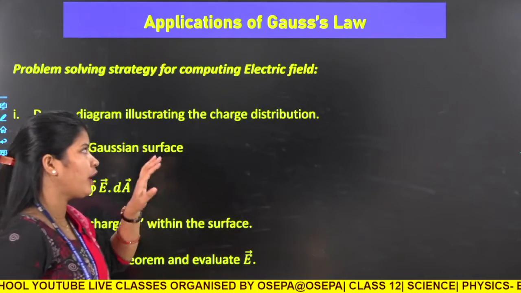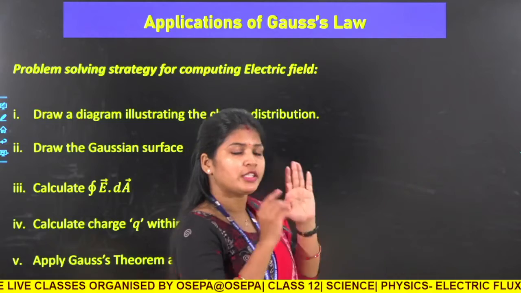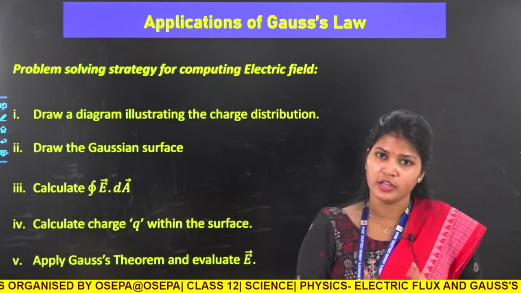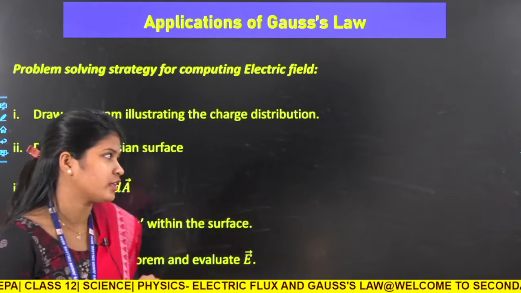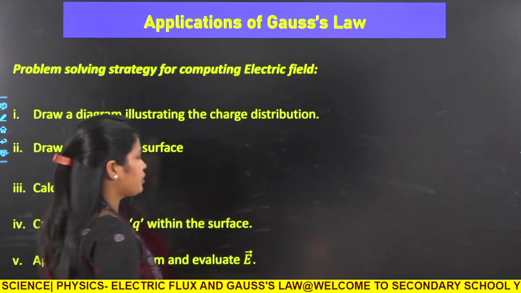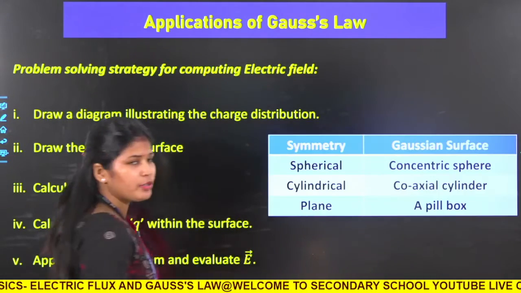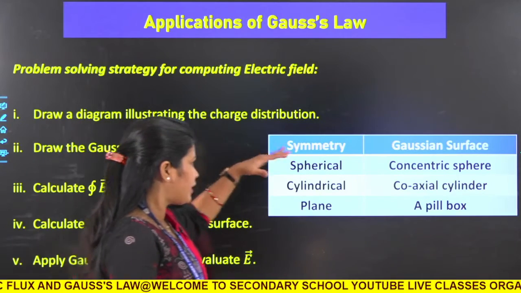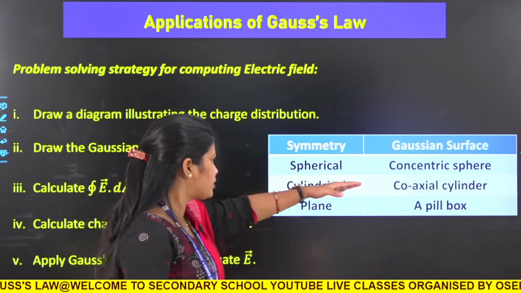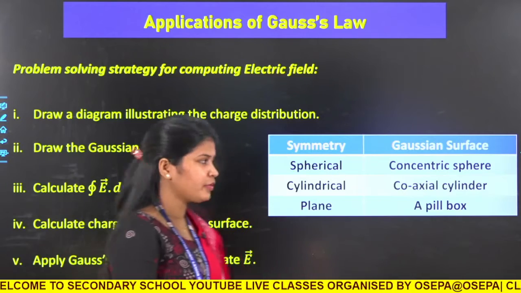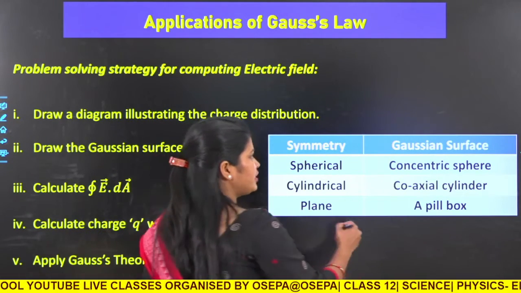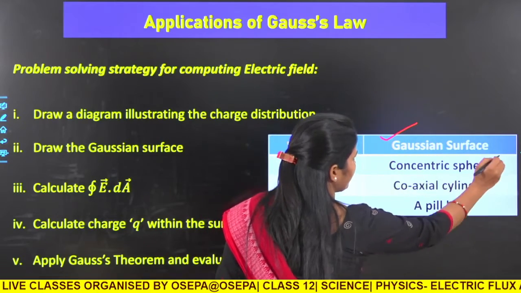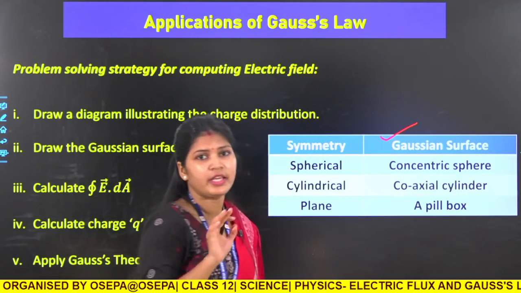That's why, in order to calculate electric field successfully, you do need forms of symmetry. What are the forms of symmetry? There are 3: spherical symmetry, cylindrical symmetry and planar symmetry. For these we should consider a Gaussian surface.